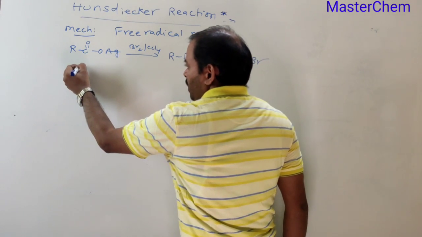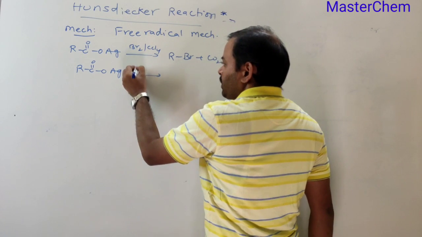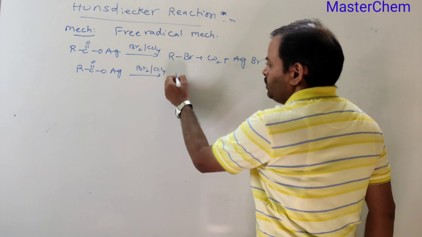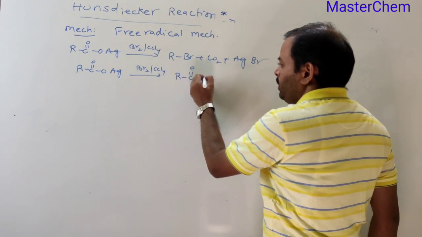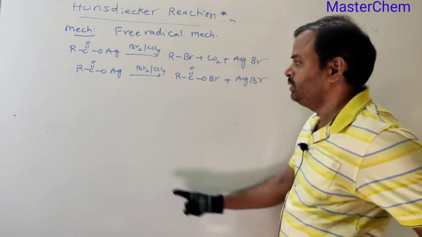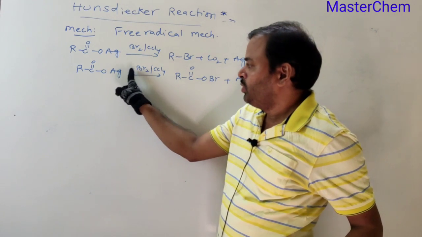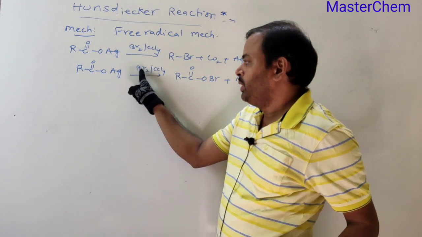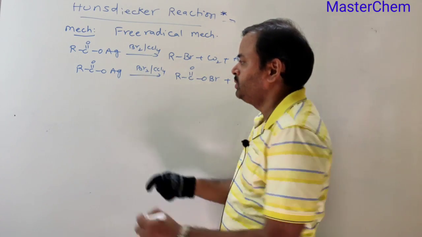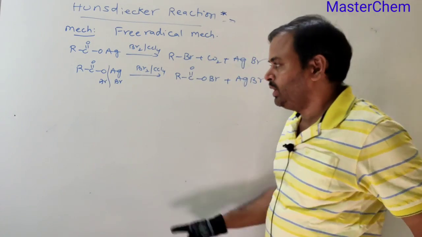First, RCOOAg with Br2 in CCl4 converts into RCOOBr plus AgBr. Okay, so RCOOBr and AgBr, two bromine atoms. CCl4 is the solvent.